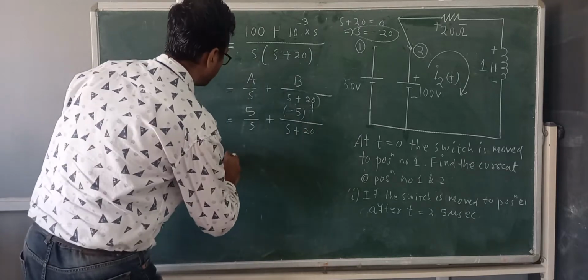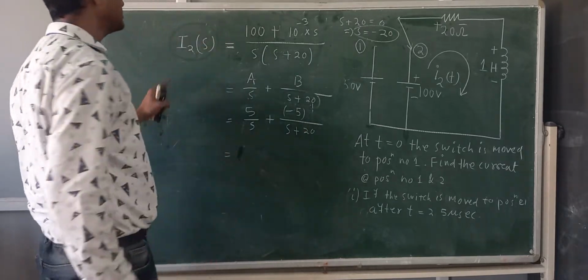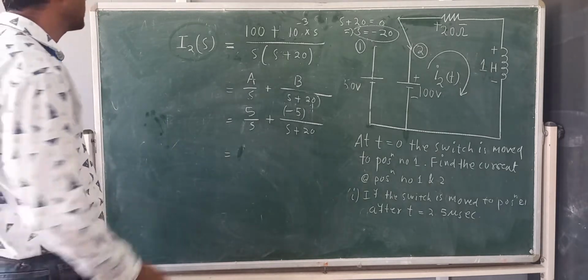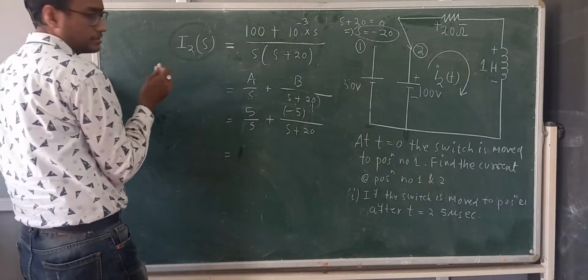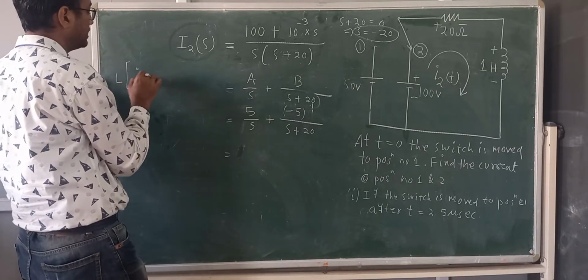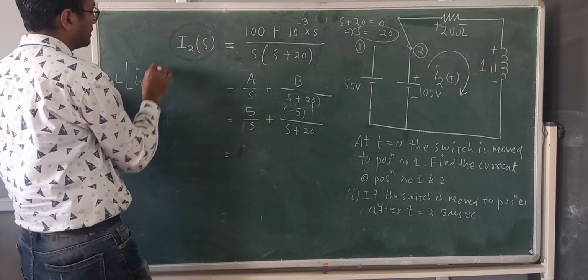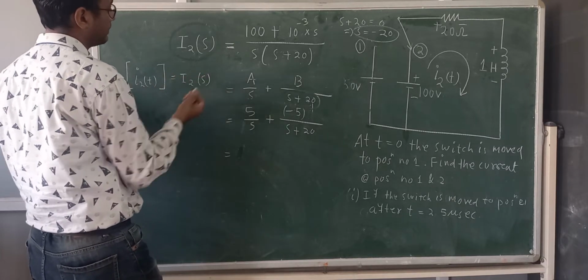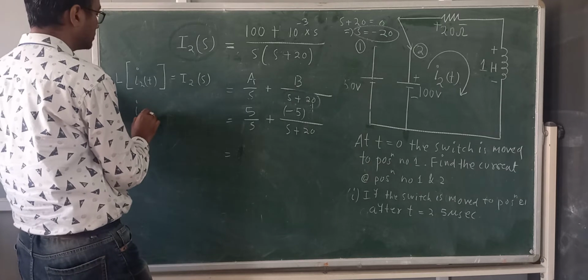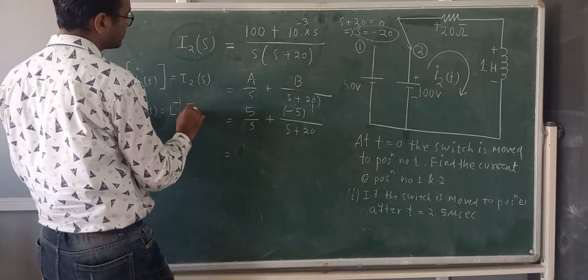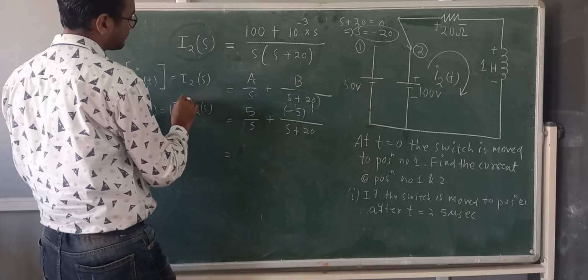So what is the inverse Laplace transform of I2s, that is I2t? Suppose the Laplace transformation of I2t equals I2s. So I2t equals the Laplace inverse of I2s.